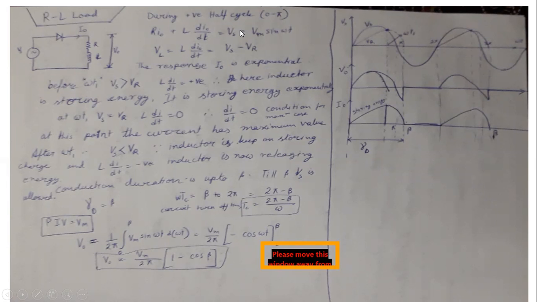So here, what is the circuit turn off time? You can see in this graph, 0 to 2 pi is one total cycle. From that, the circuit is turned off at point beta.